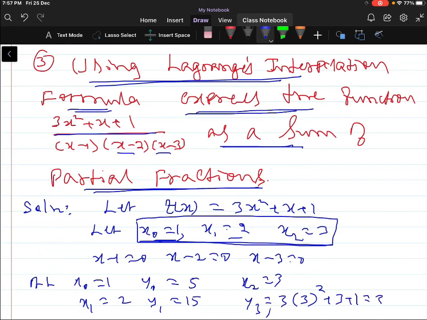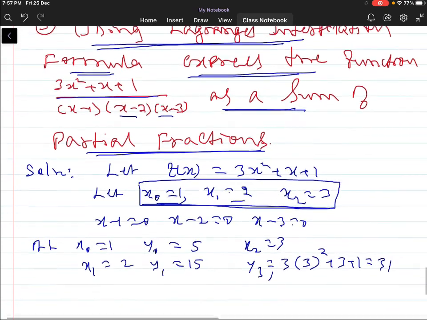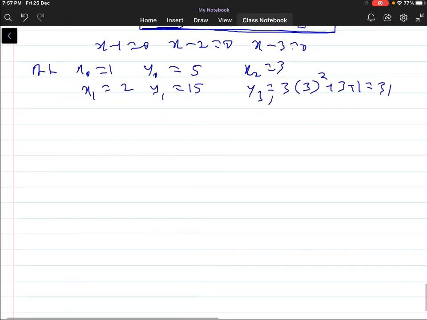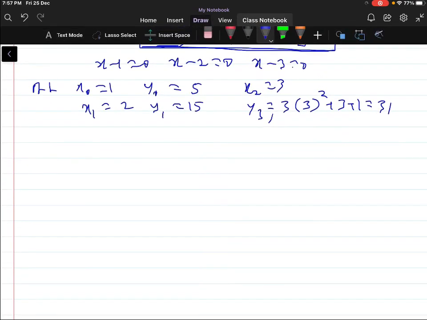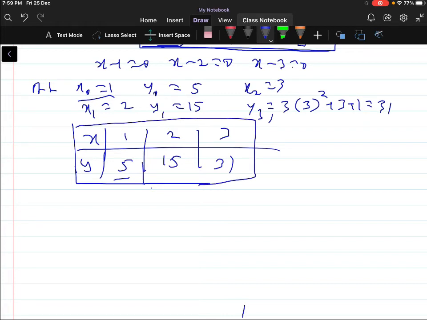And x2 is equal to 3, corresponding y2 is 3 into 3 square plus 3 plus 1, that is equal to 31. So when x0 is 1, y0 is 5, x1 is 2, y1 is 15, and x2 is 3, y2 is 31. So these are the given data points.